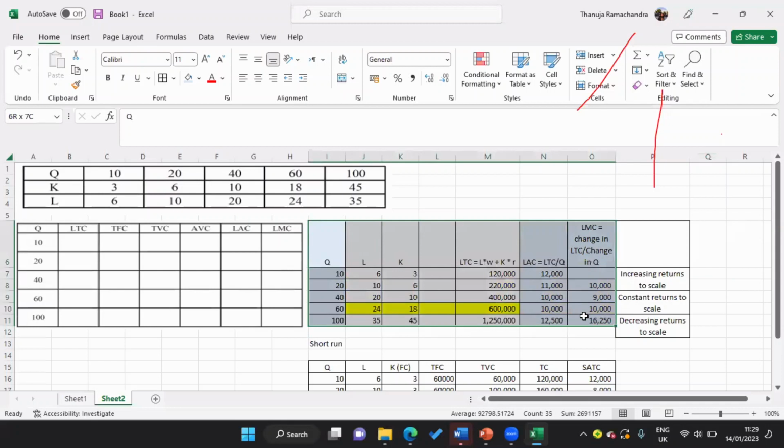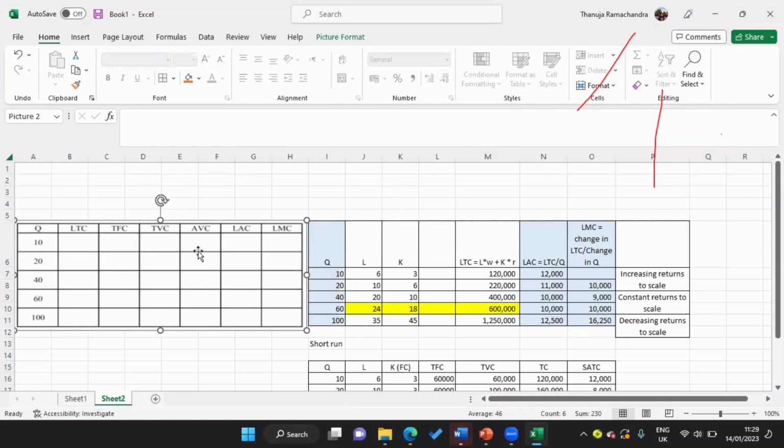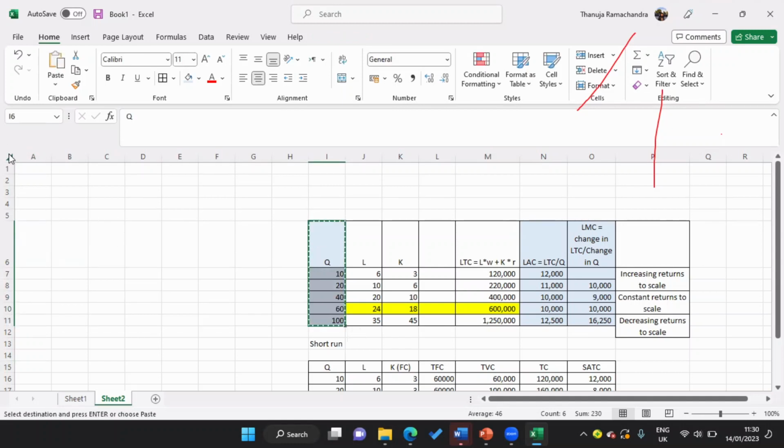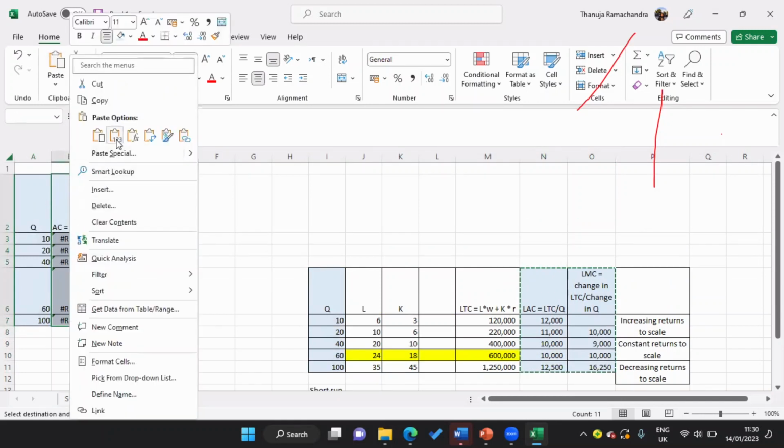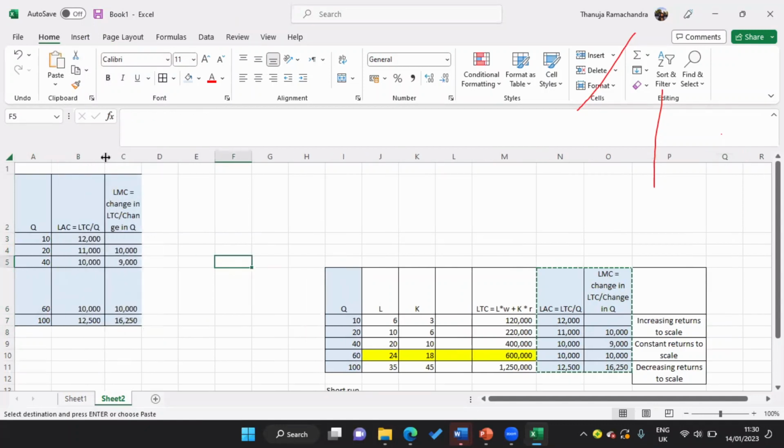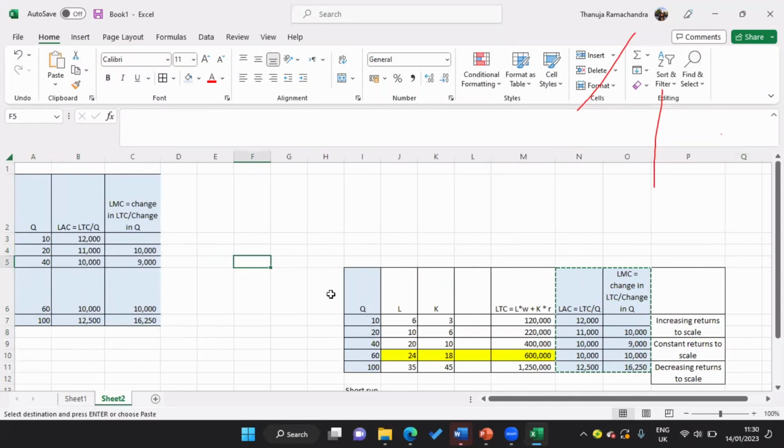Otherwise, I have to take this out. Yes, LMC and LTC, no, LAC, yes, this is the one.